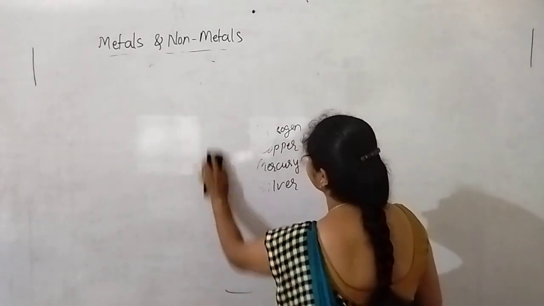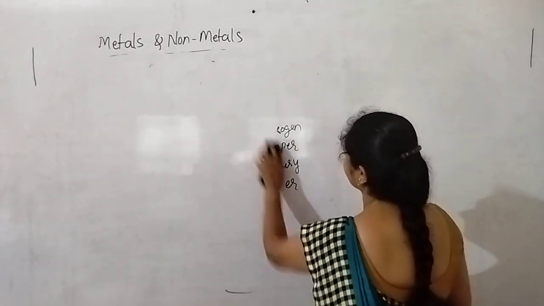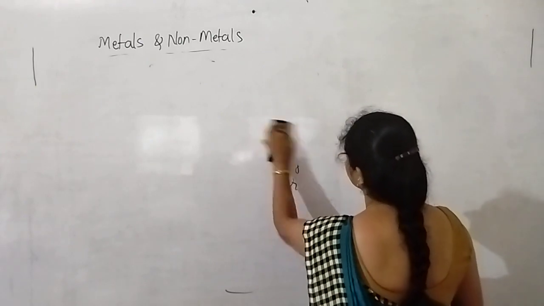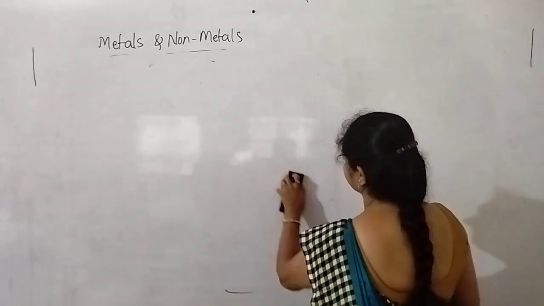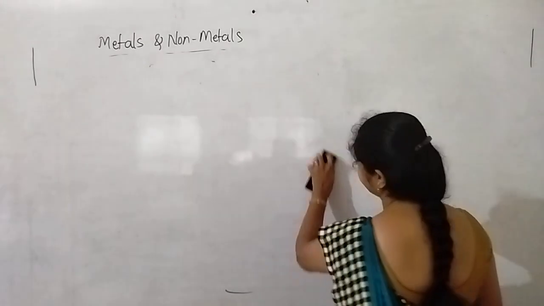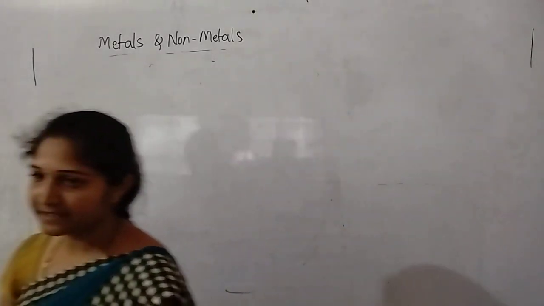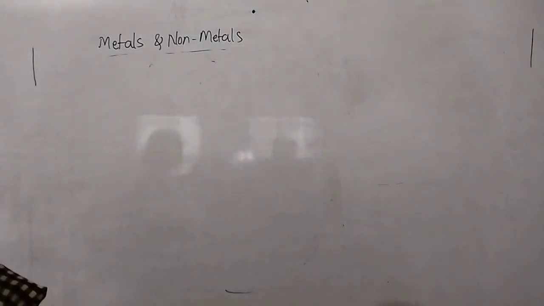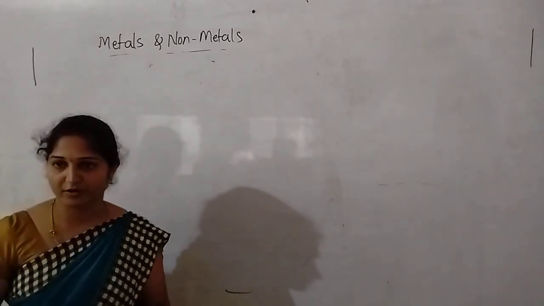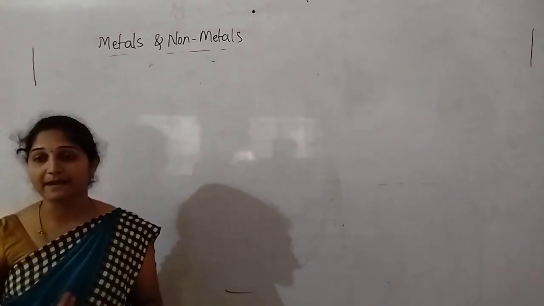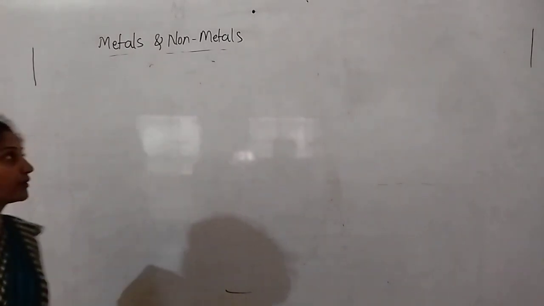And one more thing, we know that non-metals do not show lustrous property, and they are not malleable or ductile. Those are what we studied in the physical properties of non-metals. Now the chemical properties of non-metals.